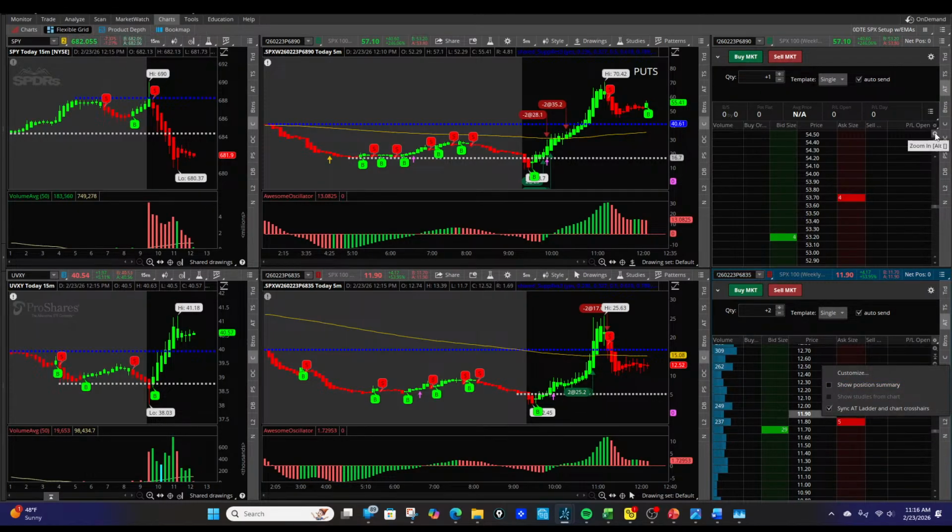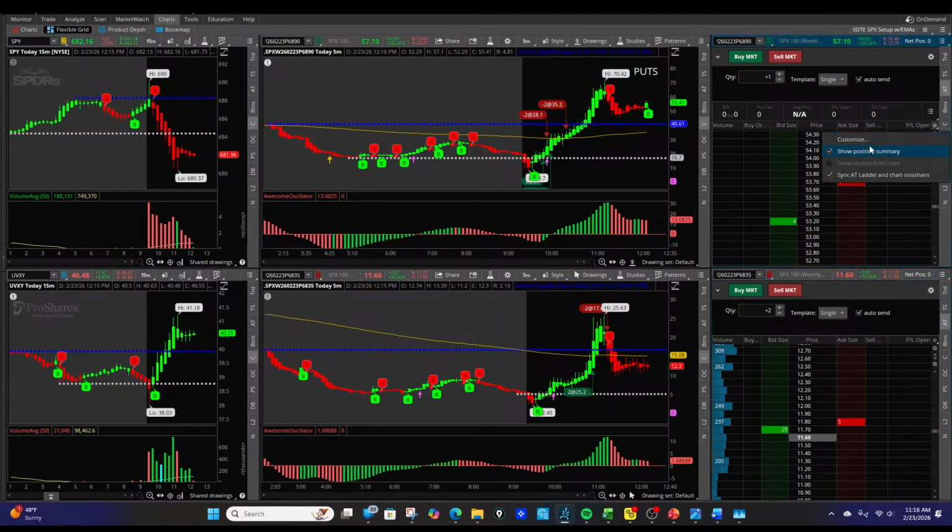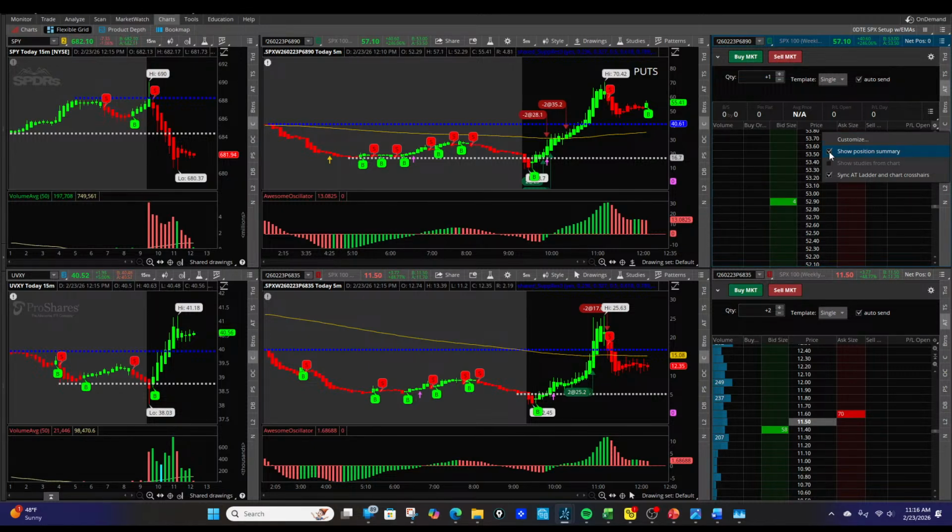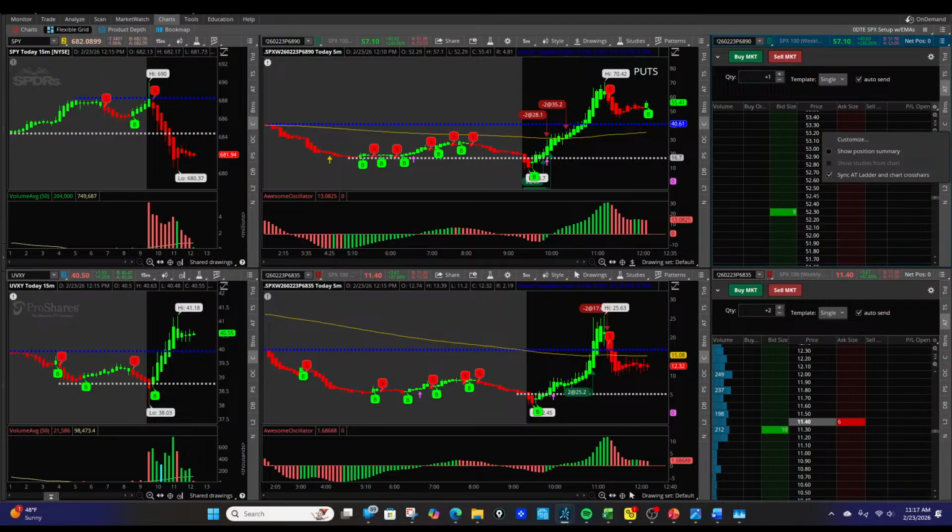Right now I'm removing the position summary because you really don't need it. Trading options, all the values are 0. It only shows up if you're trading stocks. So the way to keep track of your money is up top at the top of your screen.